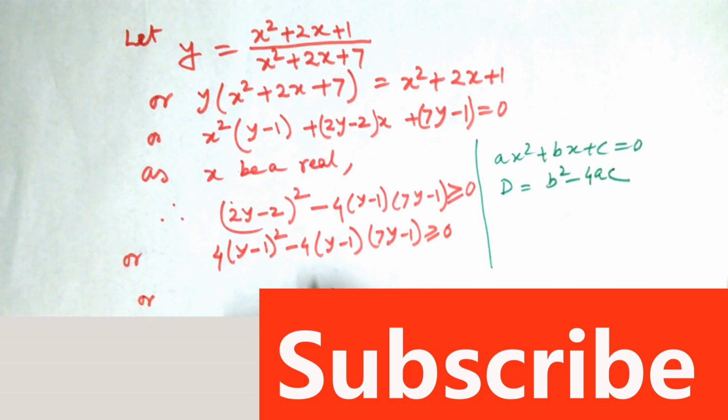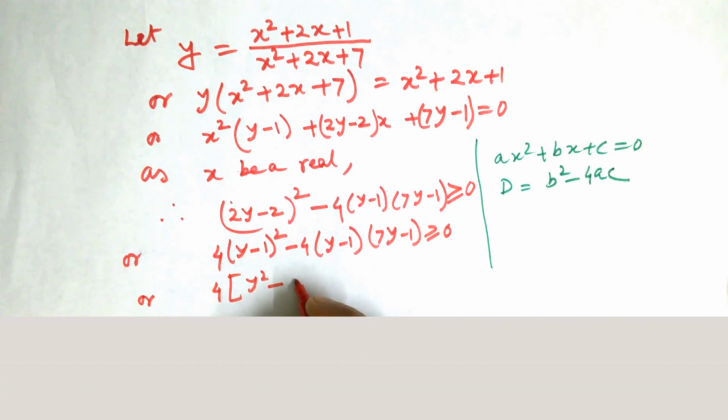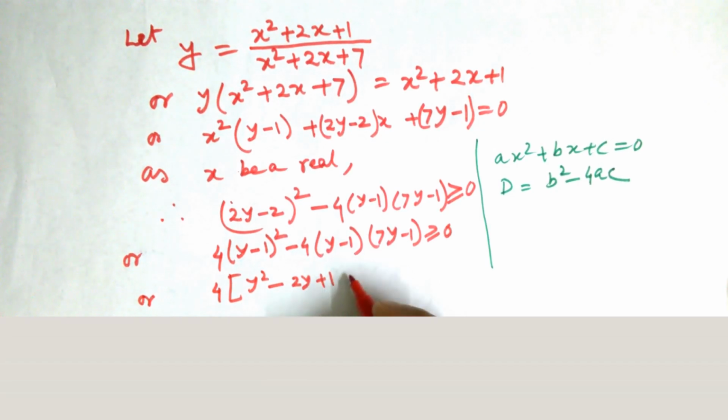Or, taking 4 out common and expanding: (y minus 1) whole square means y square minus 2y plus 1. This is the first term.